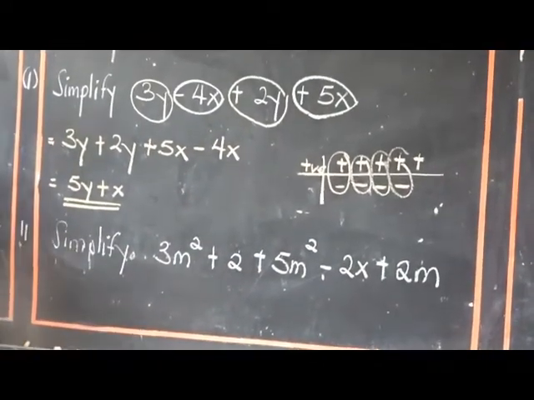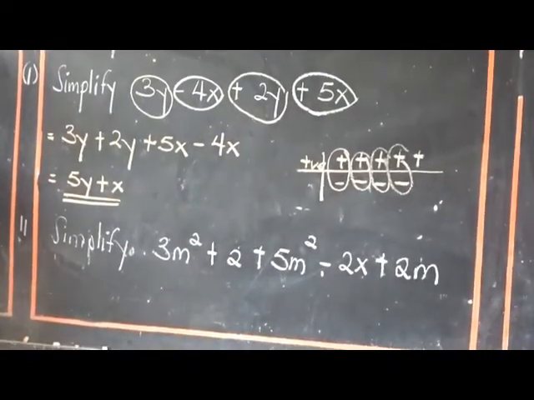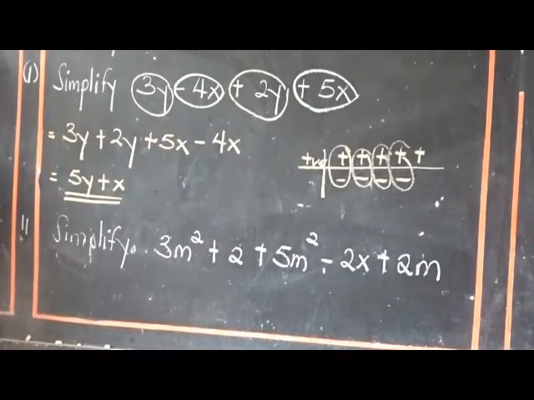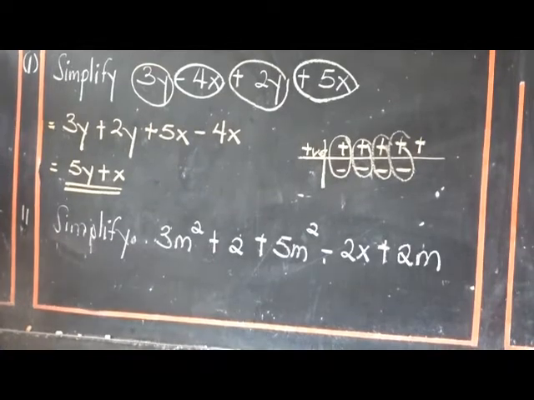Simplify. 3m squared plus 2 plus 5m squared minus 2x plus 2m. What are the like terms here?